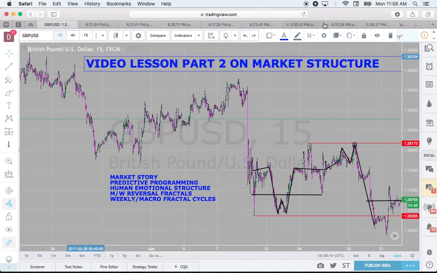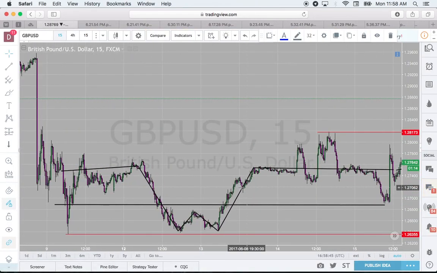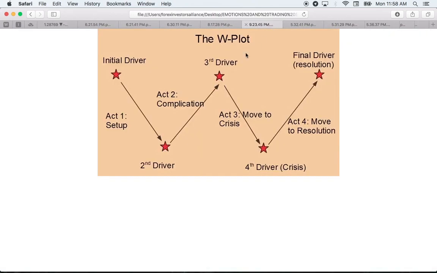So, I believe I've gone over a lot. The W, really the same thing like I talked about before, the inverse M, but this you could call, I found this on the internet, a W plot, a plot for a narrative of a structure of a story. Very similar to the W formation that we see on GBP USD right here. Exactly the same.